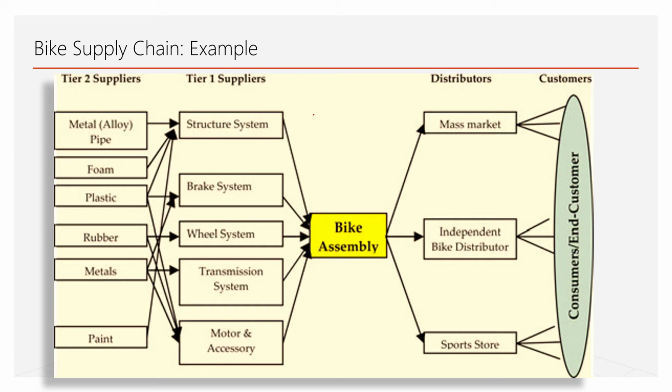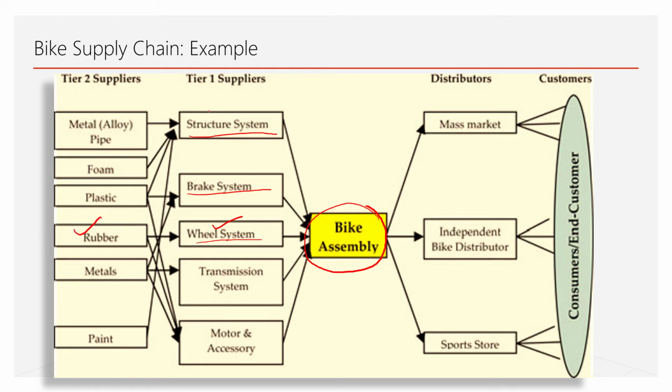Now, I'm giving you a brief example regarding a bicycle supply chain. Here we are basically assembling a bike. From the first tier of suppliers, we are getting the structure of the bike, brake systems, and wheels. For this particular supplier, it needs rubber, which they are getting from another supplier.